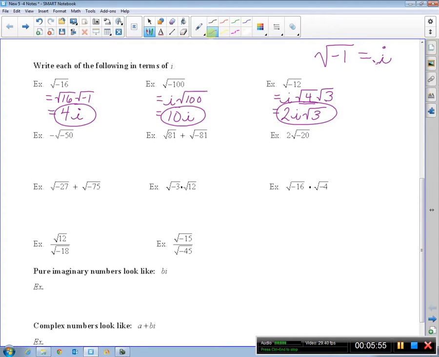Here, this is negative 1 times whatever I got, so negative. I've got an i and a radical 50. So I've got negative 5i radical 2.